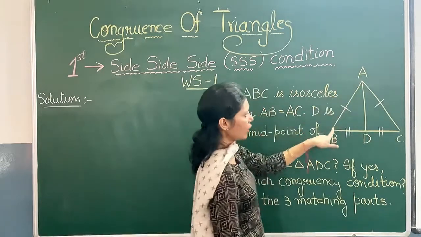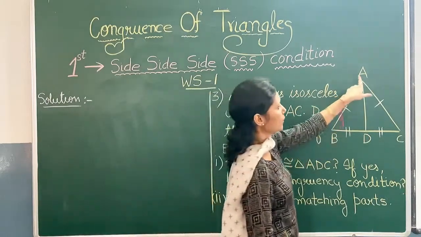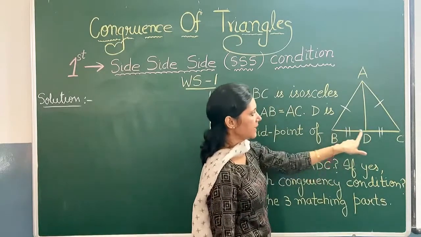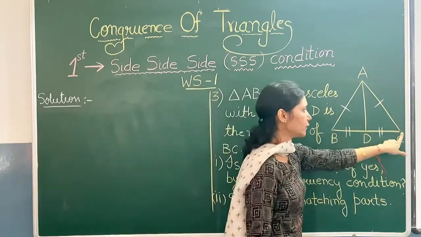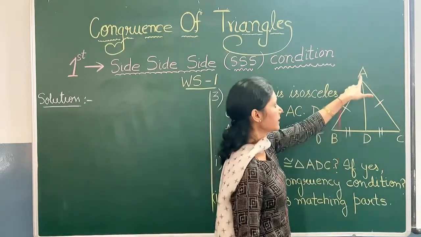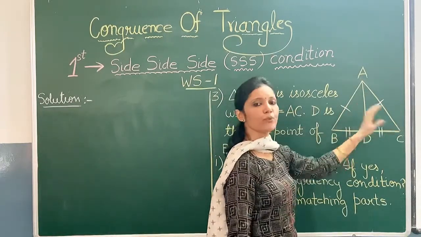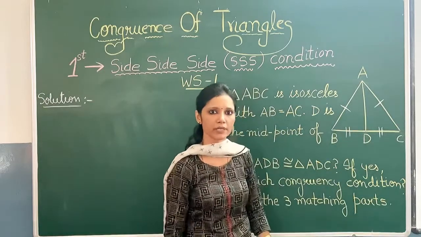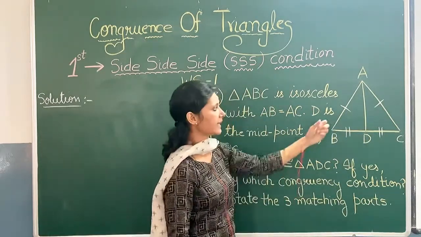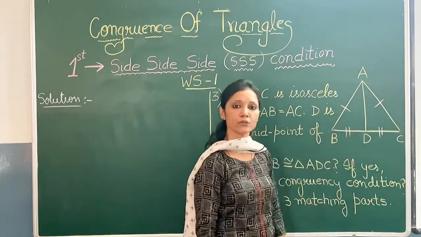AB of one triangle is equal to AC of the other triangle. Then the base BD of one triangle is equal to CD of the other triangle. What about the third side? The third side AD is common to both the triangles. That means it is equal. So since the 3 conditions are satisfied, we can say that this triangle is congruent to this triangle.